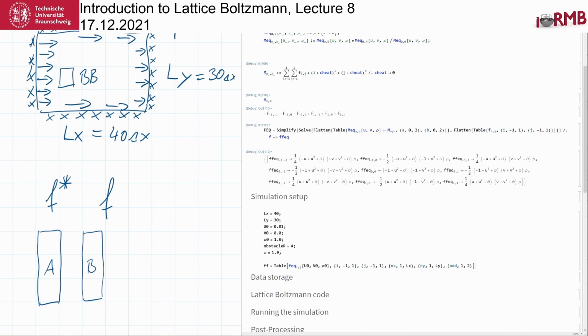So we need 2 distributions, because we have the pre-collision and we want to write the post-collision. I called this odd because we will switch this in odd and even time steps.